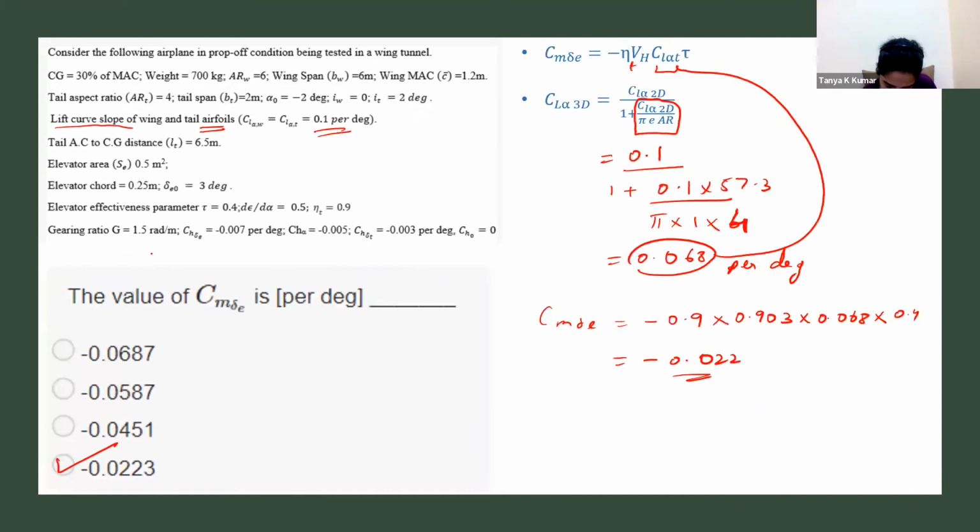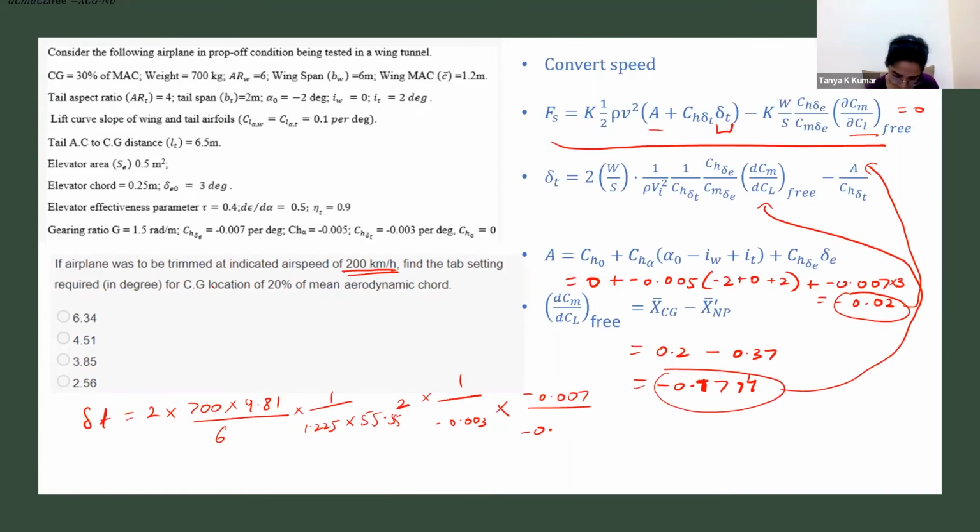We had just calculated CM delta E as minus 0.022, into this value, 0.1714, sorry, minus A 0.02, by CH delta T, minus 0.03. So the final tab setting angle comes to 3.859. Okay, delta T is 3.859. That is the third option.